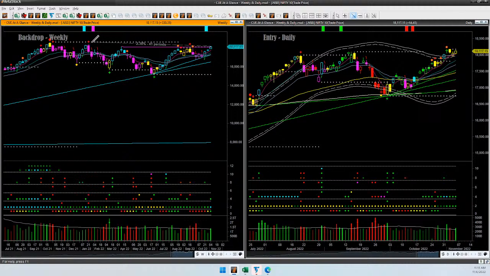Just 2.38, let's say 2.4% below all-time high, 2.2 or 2.3%. Very close to all-time high, and it broke above a trendline resistance in weekly on Friday. In fact, there was a trendline resistance in daily also that was also broken this week.